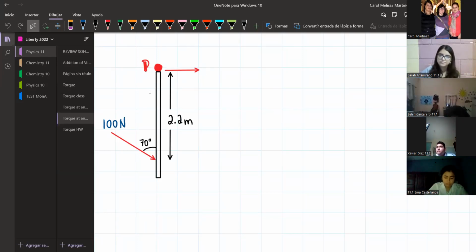Now I'm going to apply another force right here and another force right here. I'm going to call these force 1, force 2, and force 3.